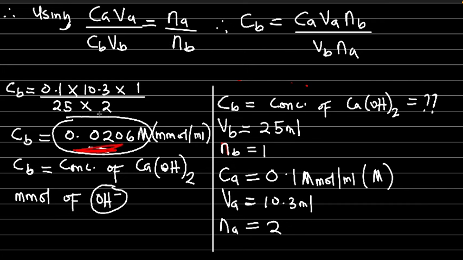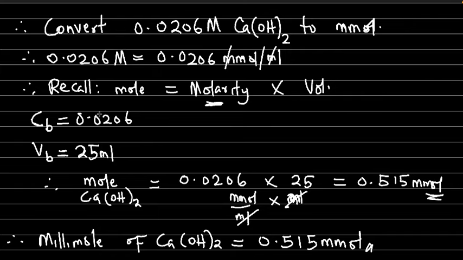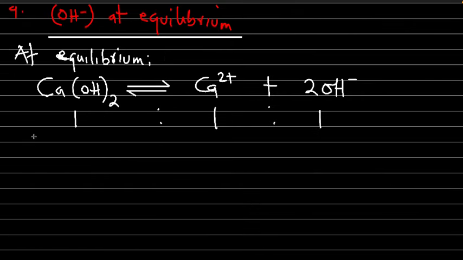You first of all solve for that of calcium hydroxide. Once you've gotten your answer, you now take your mole ratio. So this is actually that of calcium hydroxide. So here, 0.0206 is going to be 2 times 0.0206.